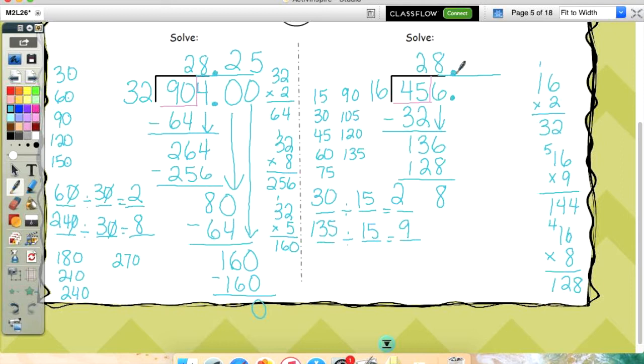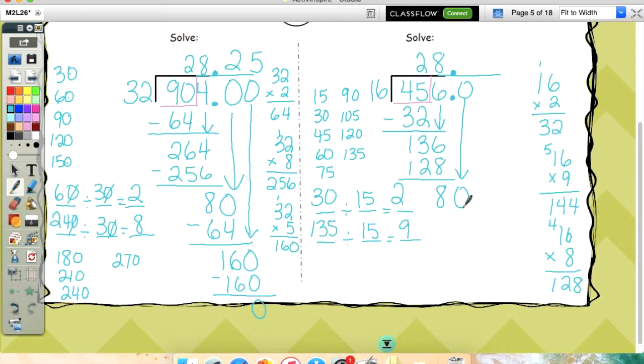If I put a 0 on the end of 456 after the decimal, does it change the value? No. Now I want you to notice something. Do you see I left a little space between the 8 and the 0? That's because I want to go straight down with this, and I don't want it to go sideways.